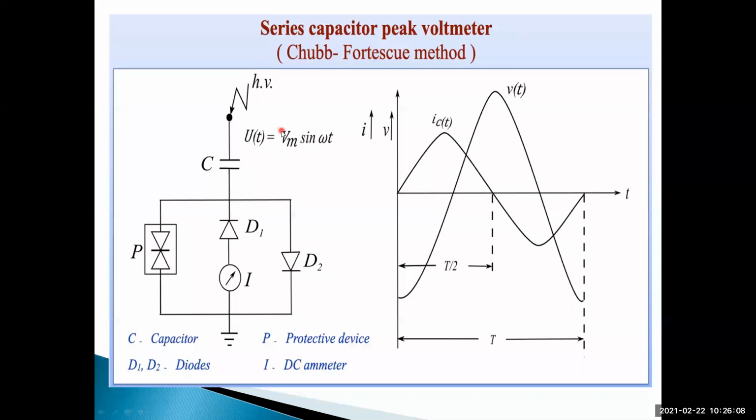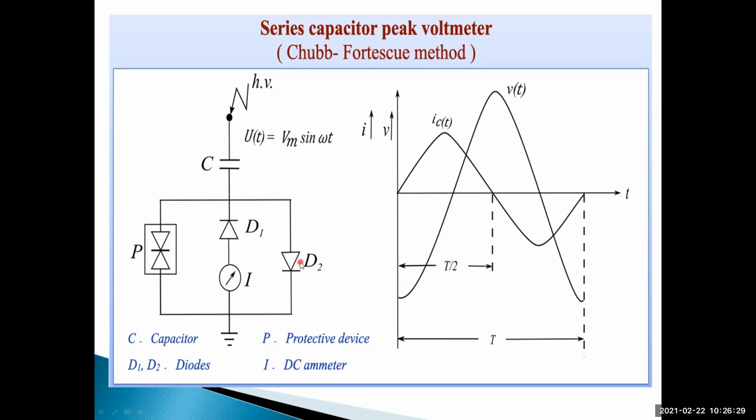In this we have to measure the peak voltages. These peak voltages can be measured by using this entire arrangement, whether negative peak or positive peak. During the negative half cycle, diode D1 is forward biased and conducts, and the current is measured by the DC ammeter.